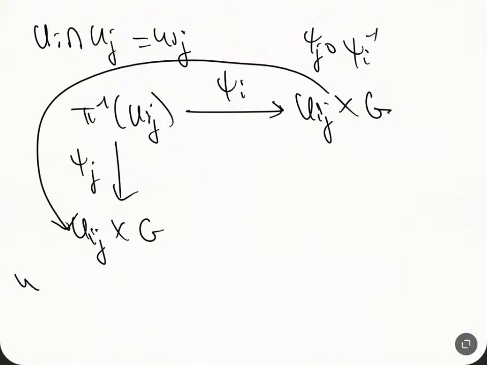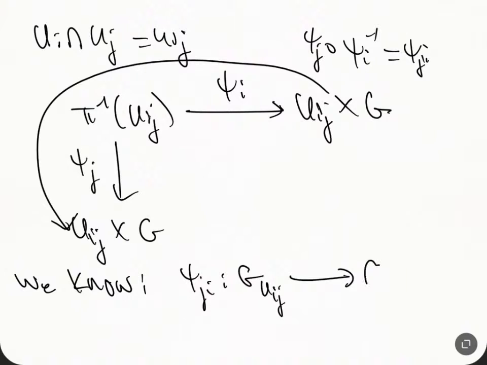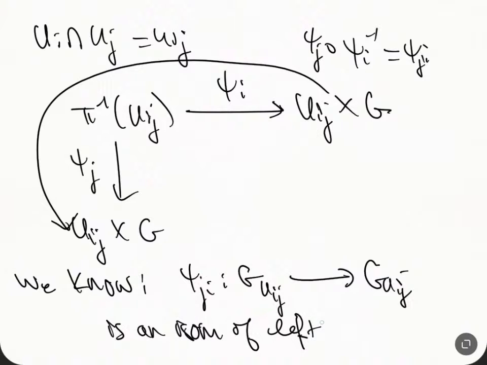And we know that this psi, let's call this psi_ji, from G of U_ij to G of U_ij, is an isomorphism of left G-U_ij sets. So it's actually left G-U_ij torsors, right?